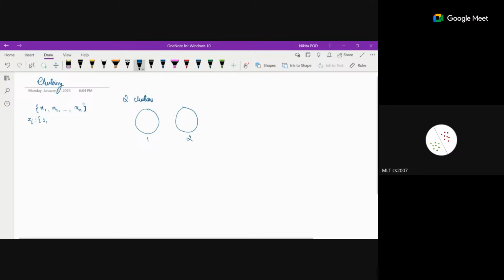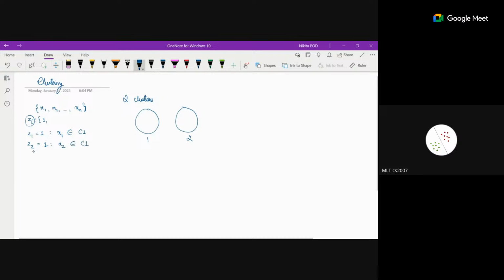We'll denote these cluster indicators by Zi. So Z1 equal to 1 means that my data point X1 belongs to cluster 1, with C1 denoting cluster 1. If I write Z2 equal to 1, it means that my data point X2 belongs to cluster 1.